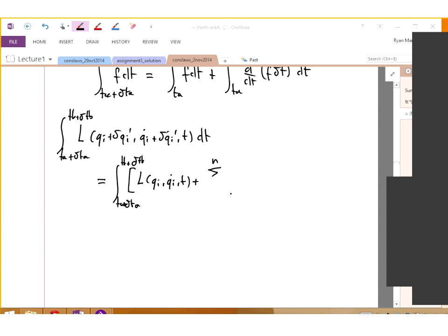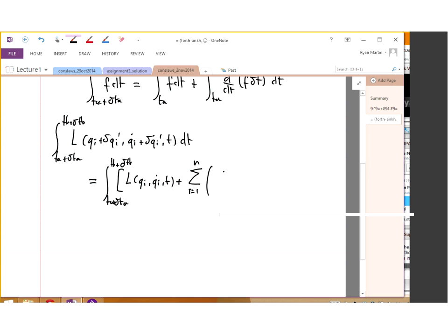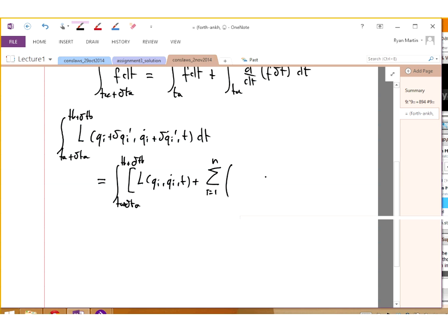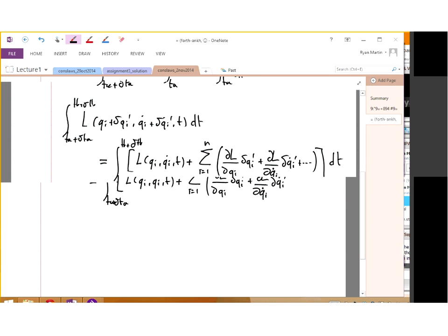So it's all the partial derivatives, right? There are multiple QIs, so the sum is over all the possible QIs. So we have the partial of L with respect to QI times delta QI primed, plus the partial of L with respect to QI dot times delta QI dot prime, plus higher order terms, and the whole thing dt.